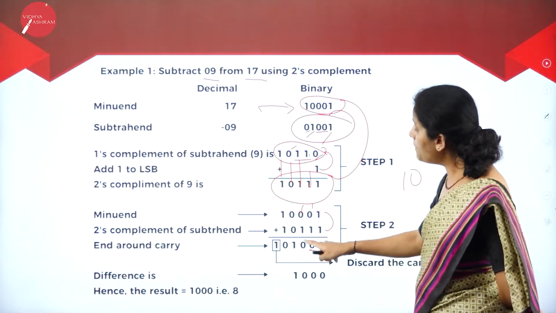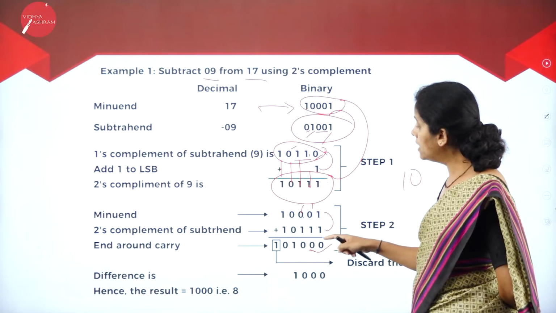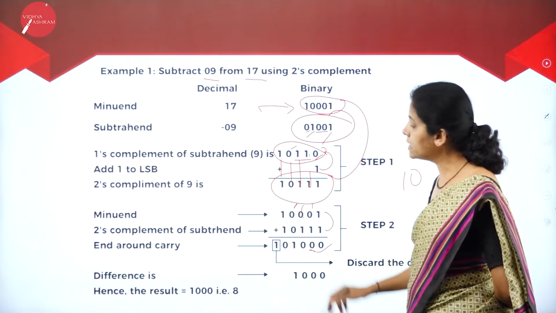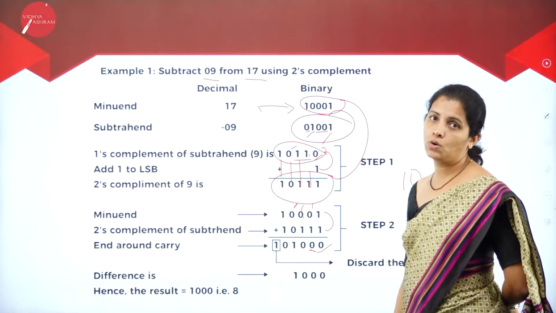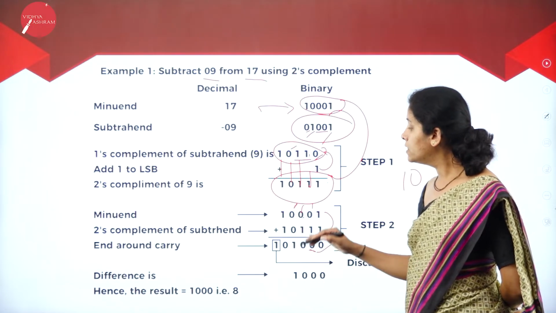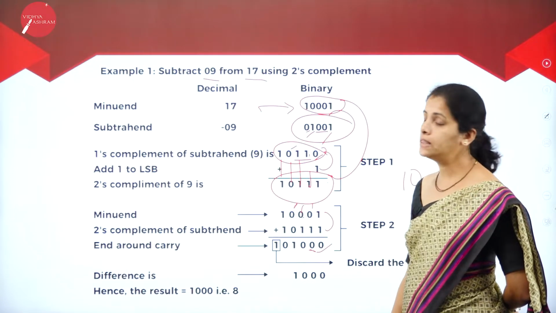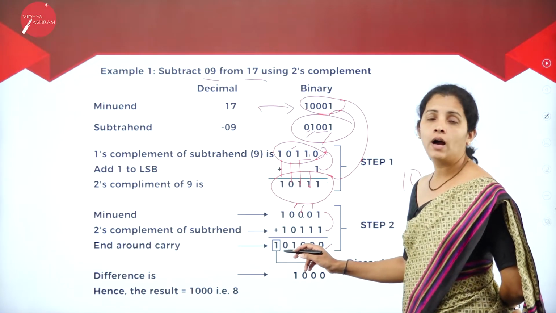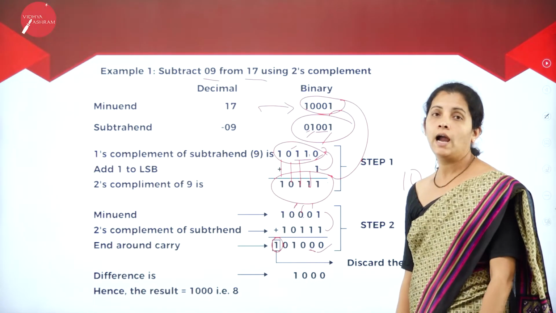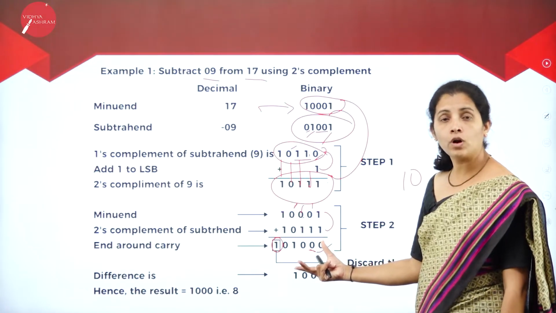Now, 1 plus 0, it is 1. 1 plus 1, it is 1, 0. So, I'll write 0, 1 is carry. 0 plus 0, it is 0. 0 plus 1, it is 1. Now, I'm going to add 1 plus 1, it is nothing but 0 and 1 carry. So, I'll write the carry as it is. And according to the rule, if I get any carry, what I want to do?